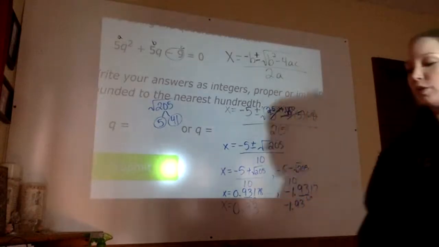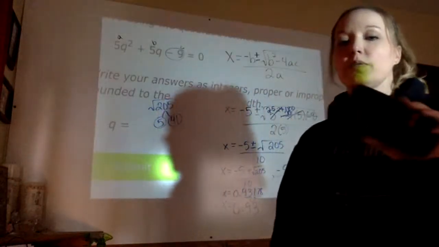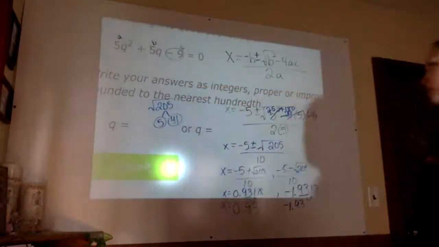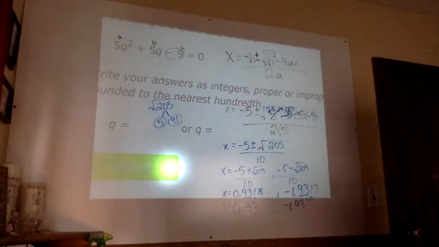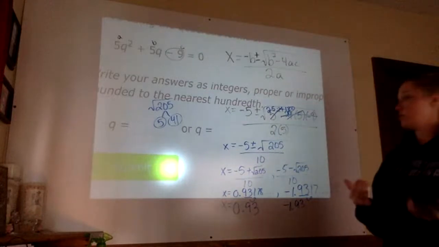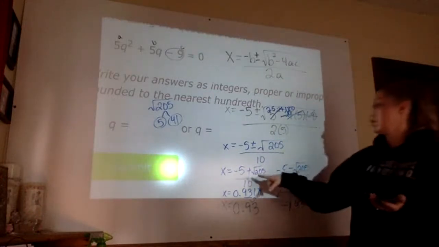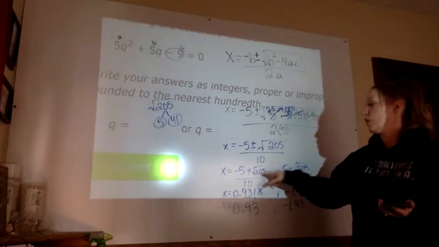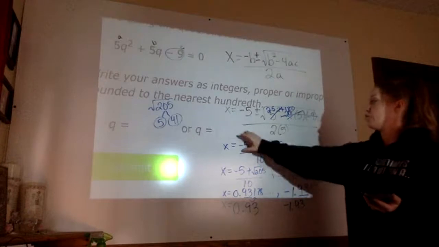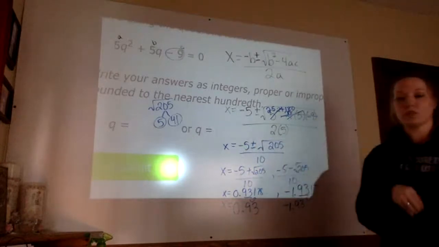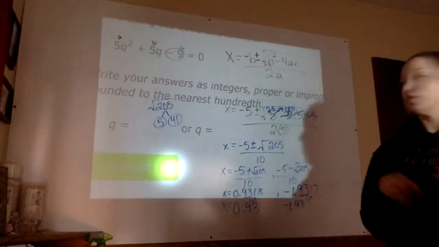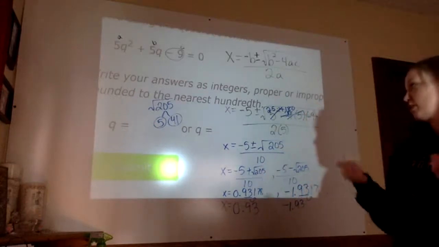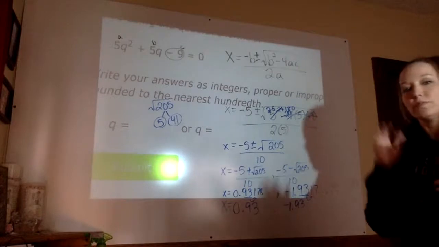Now, I'm going to tell you, when you start entering in the calculator, I really hope that you guys are trying this along with me, because sometimes you're going to punch things in wrong and you're going to get different answers. If you do the top part and don't hit equals and just do divided by, it's going to do that division before it does the addition.